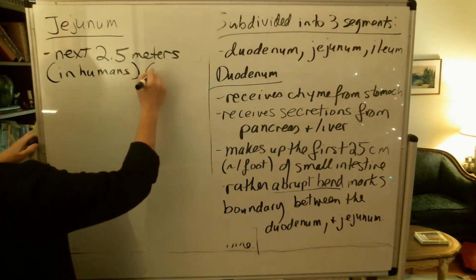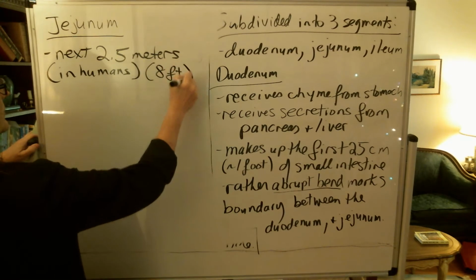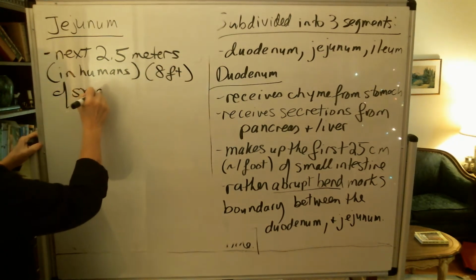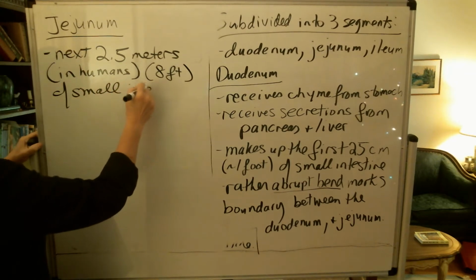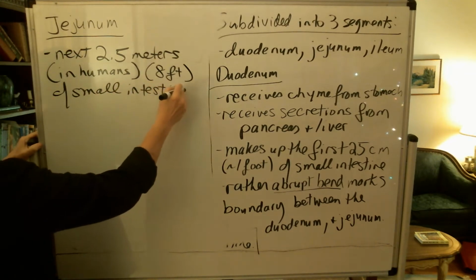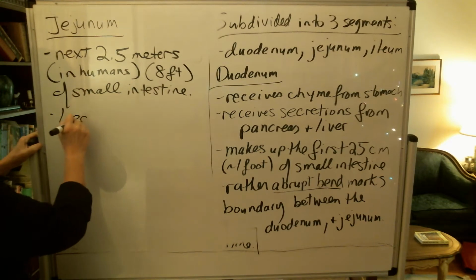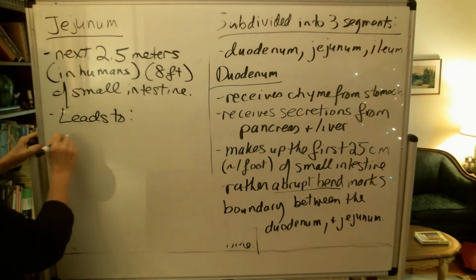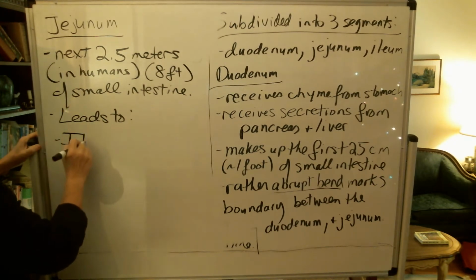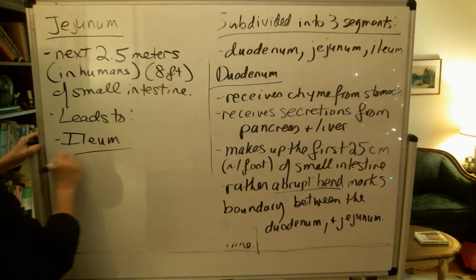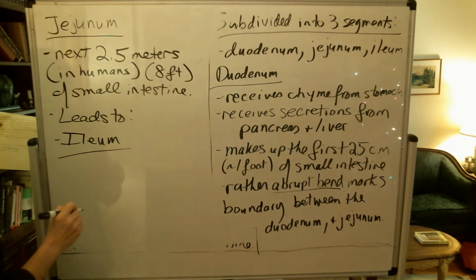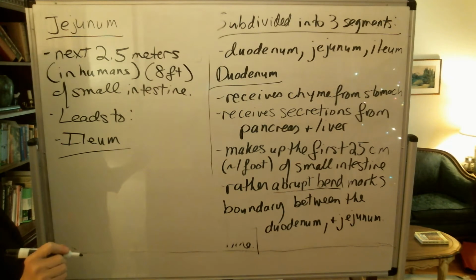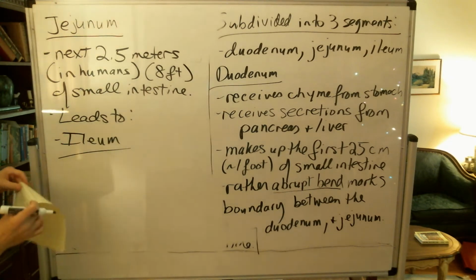That is to say, about 8 feet of the small intestine. And it leads to, of course, the ileum. And the ileum is the last portion of the small intestine.